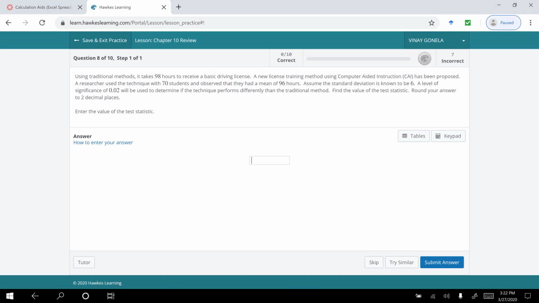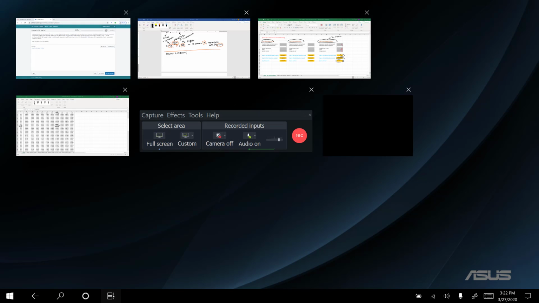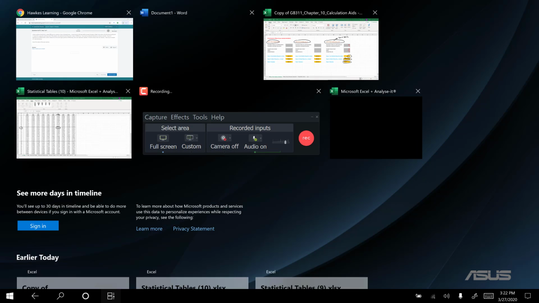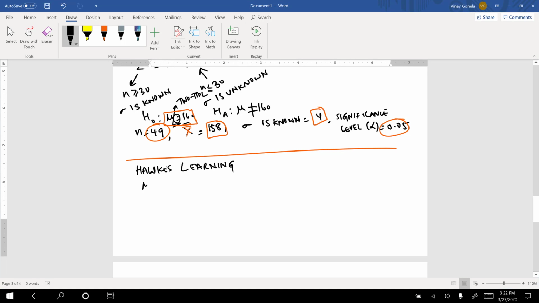The first thing is, using traditional methods it takes 98 hours to receive a basic driving license. So this is a traditional method, that means it's the old system. So our mu, or population mean, is 98 hours. So maybe I will write hours.